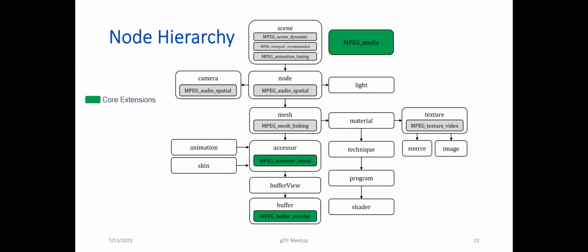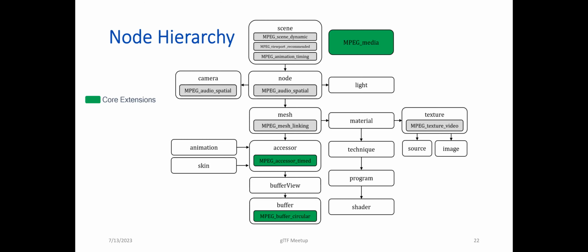Now we get into the actual extensions. The key extensions are marked here in green, and the dependent extensions are marked in gray. These are the extensions that phase one of the MPEG scene description defined.